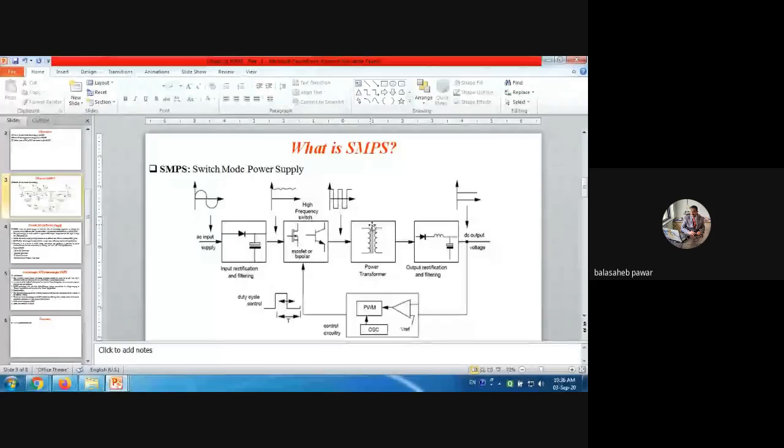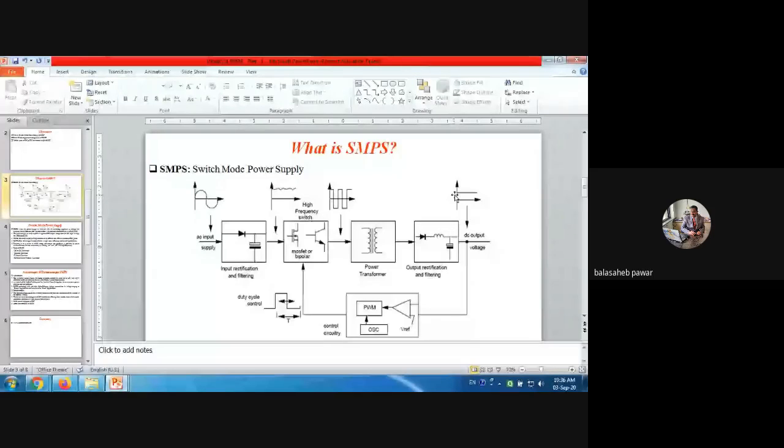Are you getting it? Either you can step down that DC voltage across this power transformer or high frequency transformer, or you can step it down by controlling the duty cycle over here only, right? So both things are possible. And later on, those high frequency DC pulses are again passed through this filter through one diode, and get smoothened out as just a constant DC.